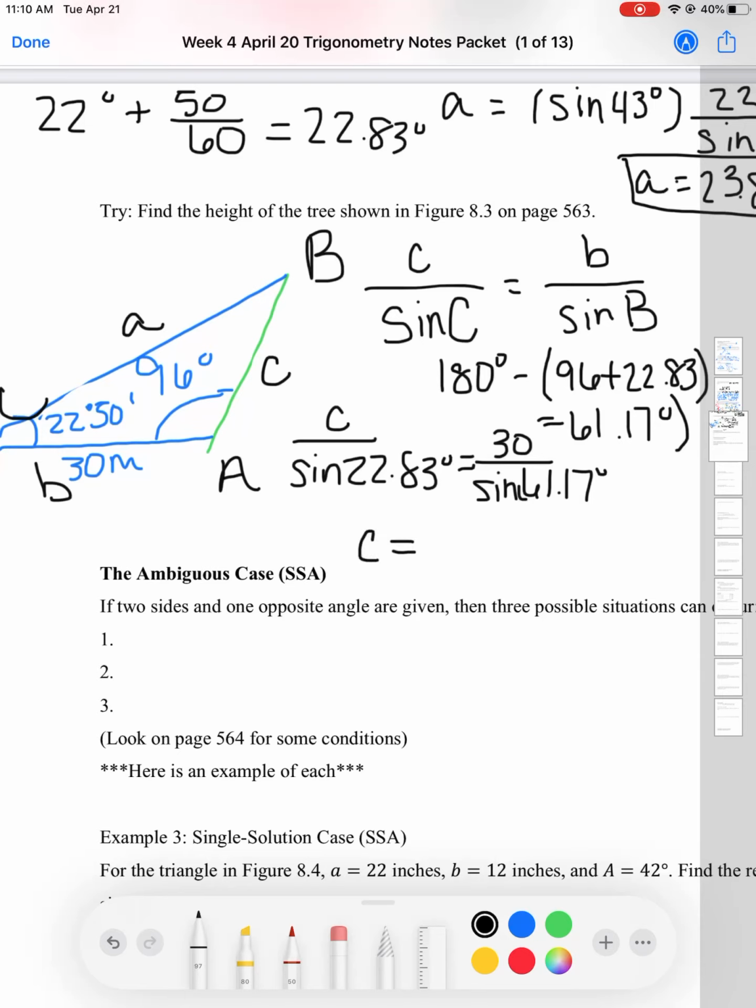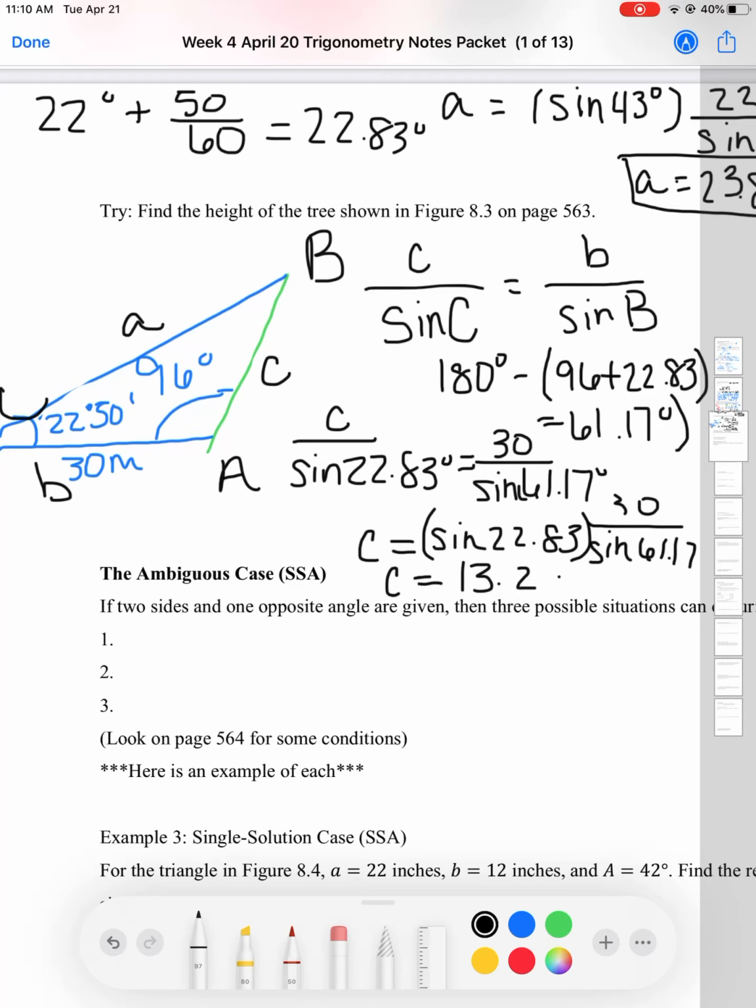So we've got C equals sine 22.83 times 30 over sine 61.17. Remember, make sure that your calculator is in degree mode.